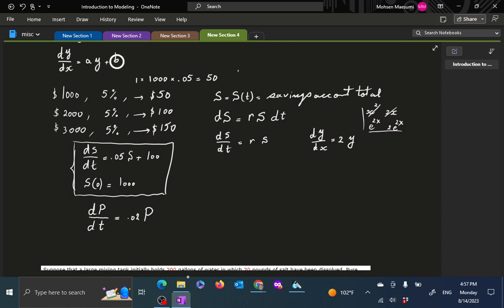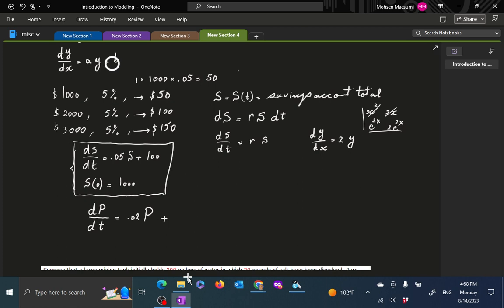Now, how about this B? What would be the role of that? What scenario would you think you will add something to it or perhaps subtract something from it? It's one of the first problems you have. Of course, if you have people coming into the society, immigrating into or out of it, then you're going to either have additional population coming in, just like going to the bank and putting more money there, or perhaps going to the bank and withdrawing some money out of there.